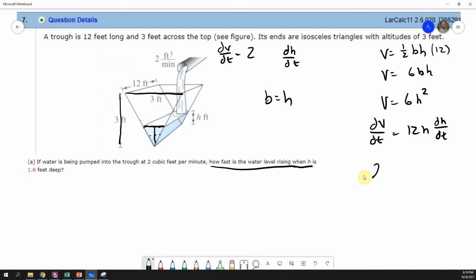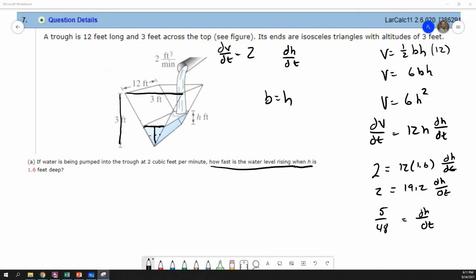So we plug all that in. dV/dt is 2, h is 1.6, dh/dt. So we multiply 12 times 1.6. We get 96/5, which I don't like, 19.2 dh/dt equals 2. So 2 divided by 19.2 gives us dh/dt equals, what is that, 5/48.